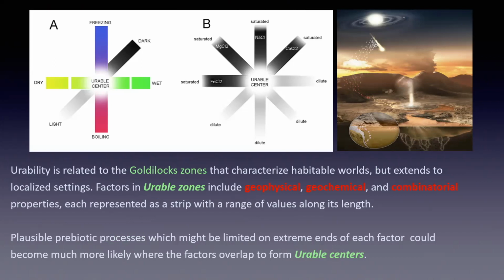Then off to the right in part B, we've taken a bunch of ionic solutes. Ferrous chloride is the horizontal line, then going around clockwise, magnesium chloride, sodium chloride, and calcium chloride. And they can either be saturated concentration or they can be fairly dilute concentrations. Taking sodium chloride as an example, it's not quite saturated in the ocean, but it's halfway there.